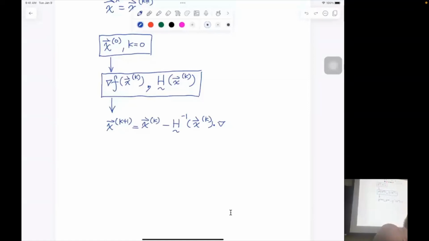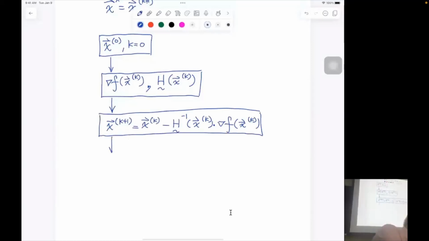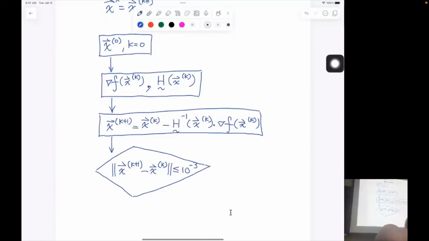And then you want to do the convergence check, right? Convergence check question mark.